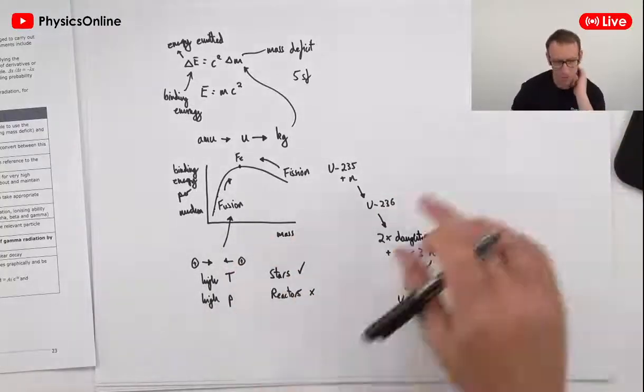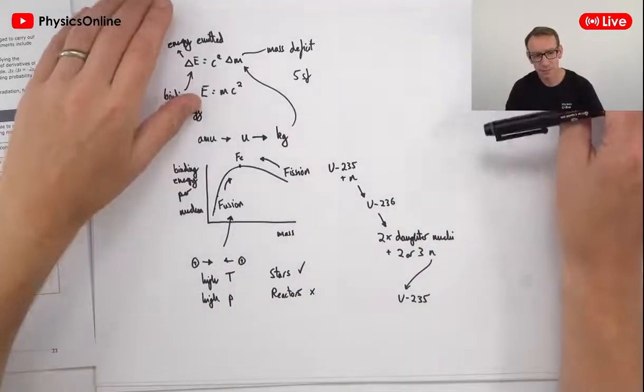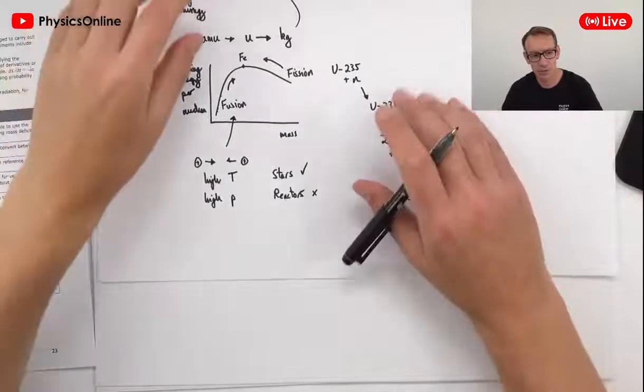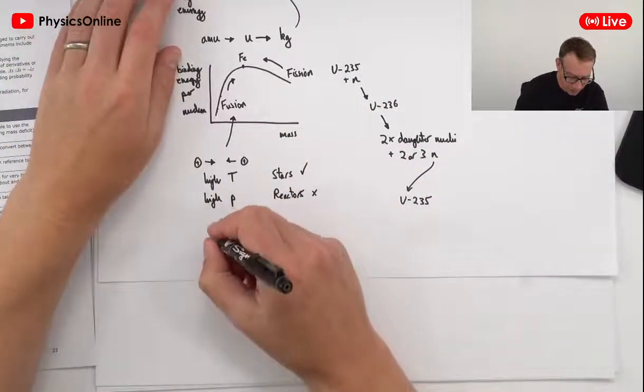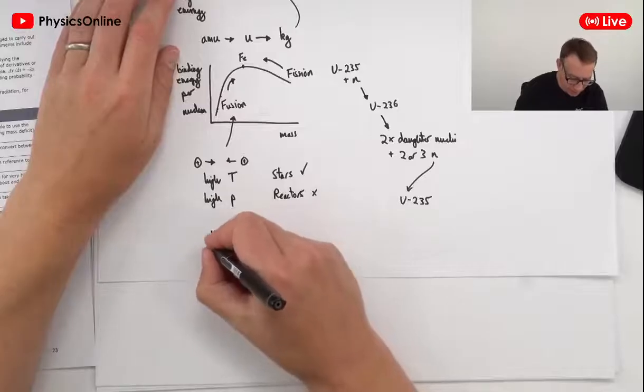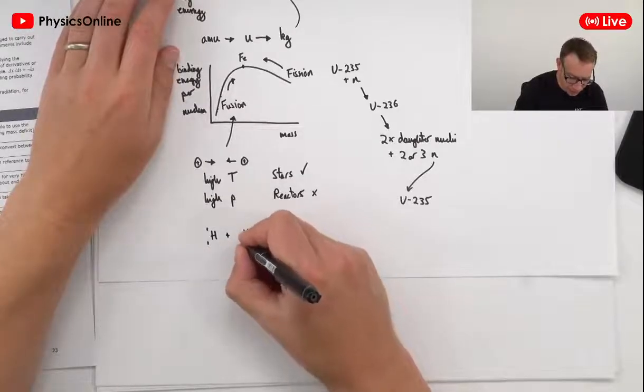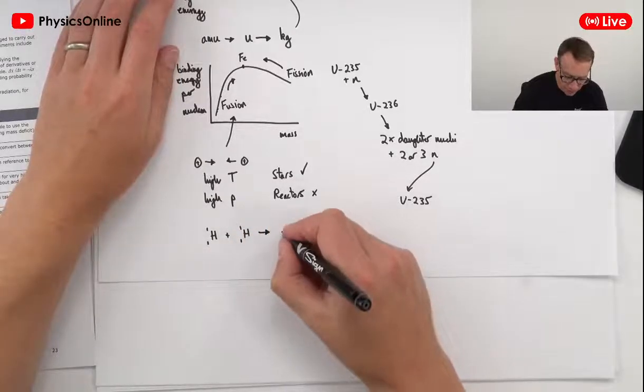Now, in terms of nuclear fusion, what you don't have is 4 protons reacting together at the same time. What you might get is a hydrogen added to another hydrogen, and that makes deuterium.